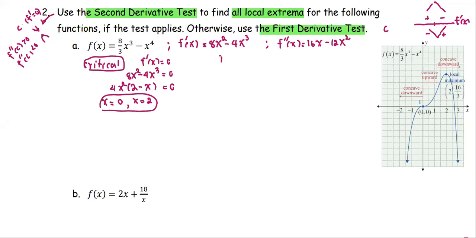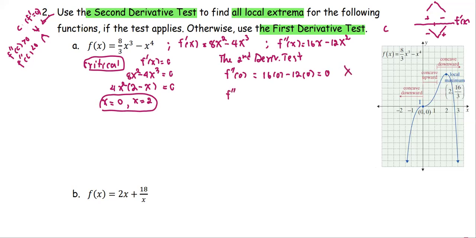For the second derivative test, we're going to check the sign of f double prime at 0, which is 16 times 0 minus 12 times 0. It's 0, so the test fails to determine the local max or local min.